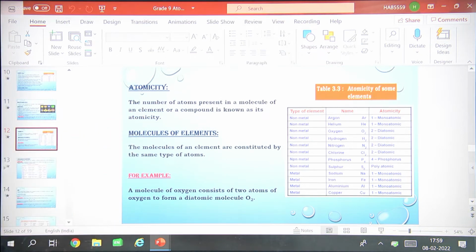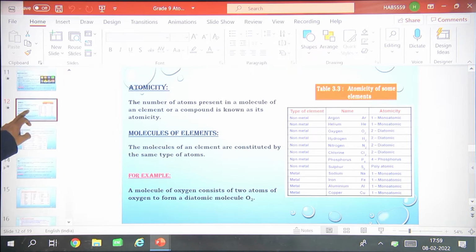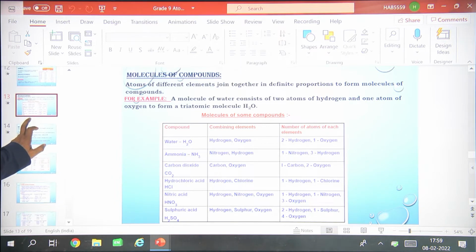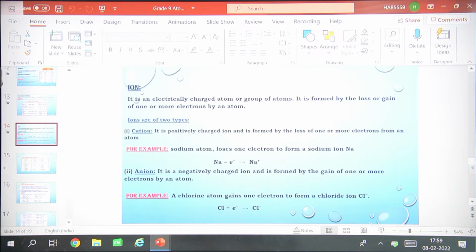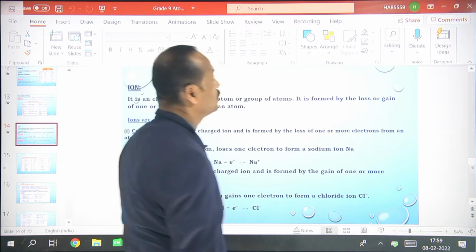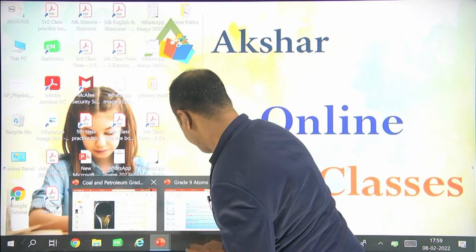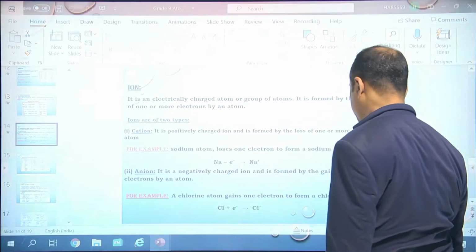The number of atoms, no? And this, molecules and compounds. Okay, so I think we have to continue from here. Yes. Okay.